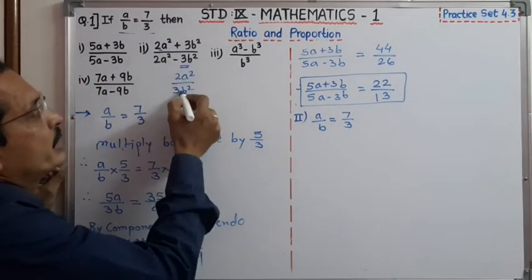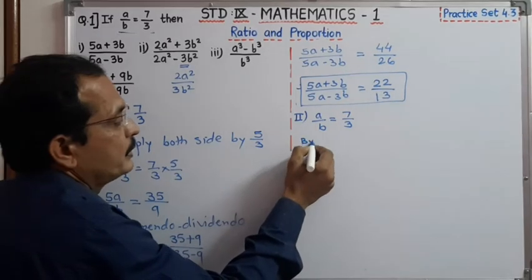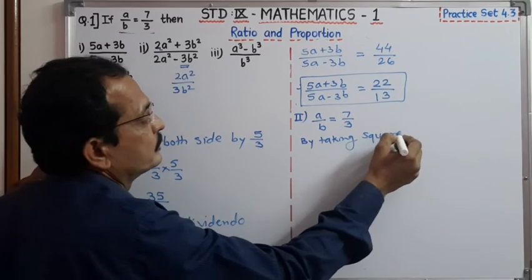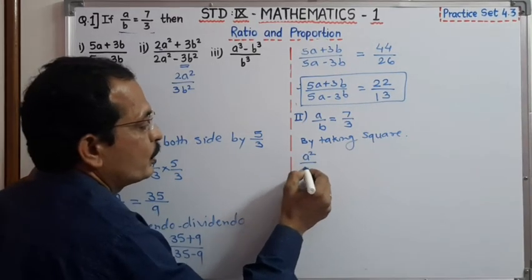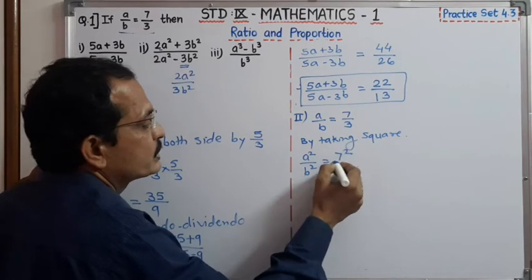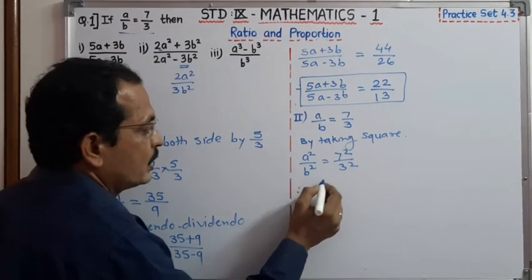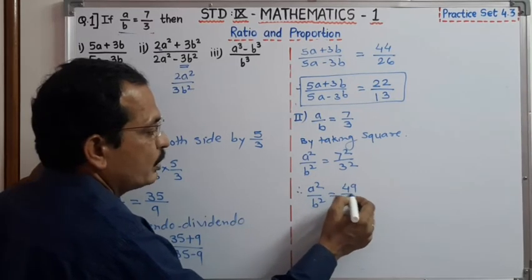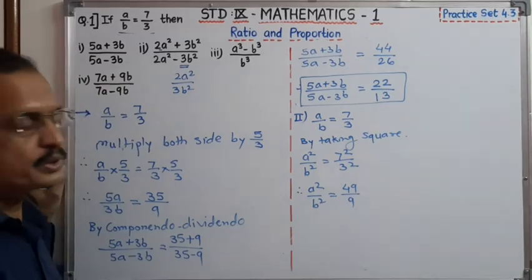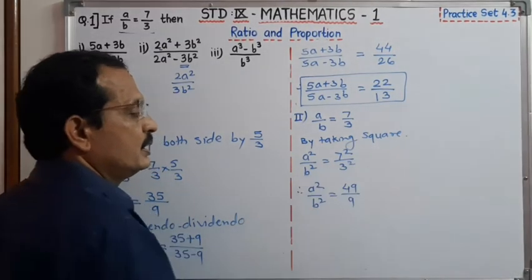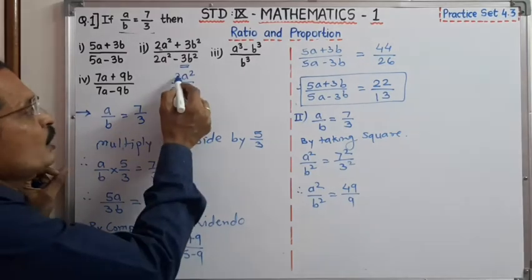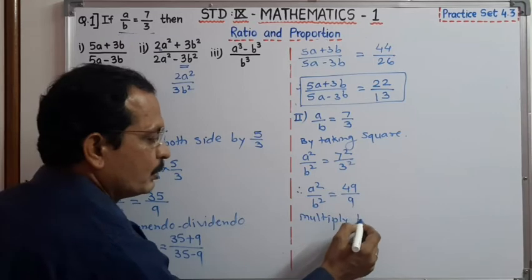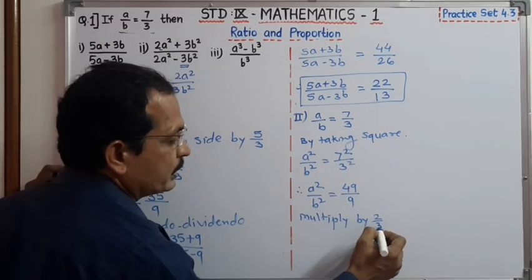First of all, we have to make the square. Therefore, by taking square, we write a square upon b square is equal to 7 square upon 3 square. Therefore, a square upon b square is equal to 49 upon 9, square of 7 and square of this 3. Got it? Now, 2 upon 3, therefore multiply by 2 upon 3.